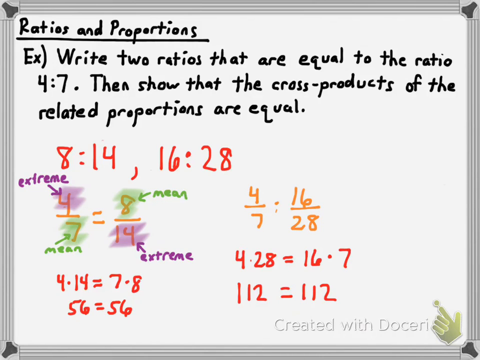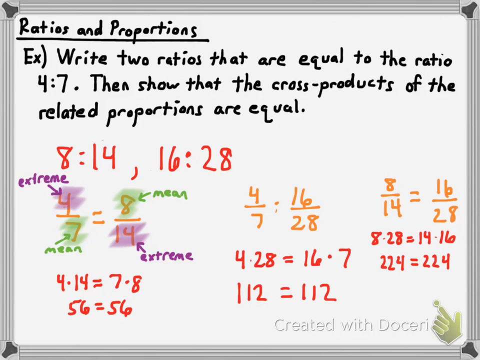The last proportion that we can make using these ratios would be 8 is to 14 as 16 is to 28, setting those 2 ratios equal to one another. And then show that their cross products are equal. That would be showing that 8 times 28 equals 14 times 16. And each of those are equal to 224.